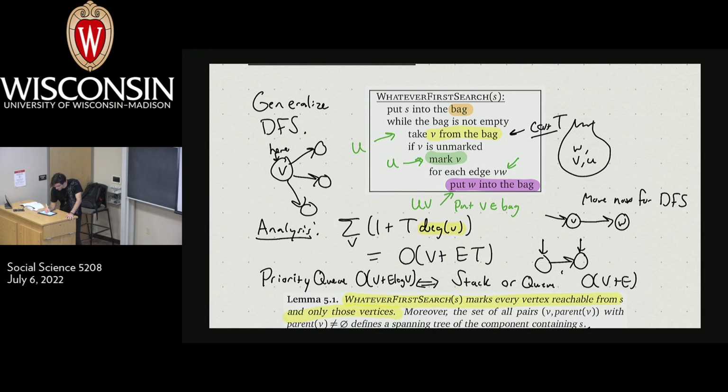So each of these gets put in the bag. And then depending on how the bag is structured, maybe we'll visit these immediately. So for DFS, if the bag's a stack, the very next node we take from the stack will be U. We'll immediately visit it and continue.